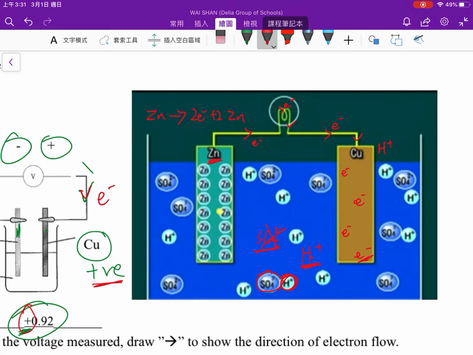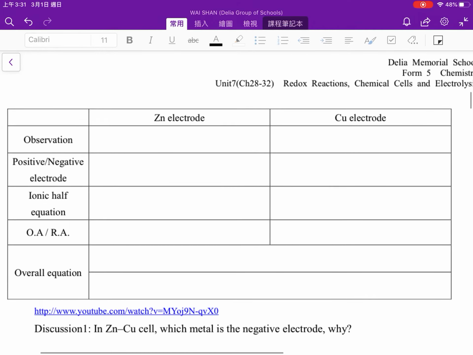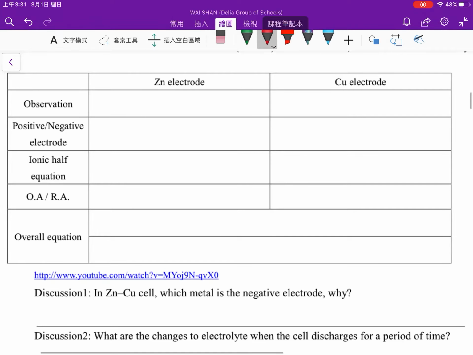So hydrogen ion will be attracted to the copper electrode, to here, and then they will gain electron. And then what do you think will be formed? Yes, hydrogen gas. So they will gain electron to form hydrogen gas. And so we can fill in the table on another page. Zinc electrode.